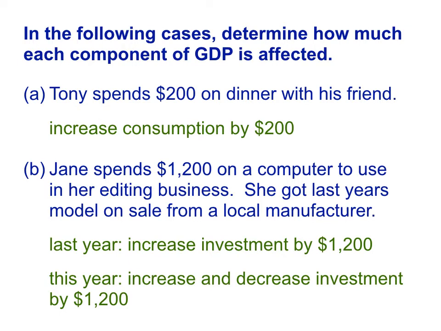That is, they are getting rid of inventory. Last year, their inventory was up by $1,200 because they have this computer basically at their store. And this year, their inventory is going down by $1,200 because that computer is now being sold. Notice that with this mathematical operation, we have an increase of $1,200, a decrease of $1,200, meaning that the GDP change for this year is zero, as we would expect because this computer was not produced this year. It has already counted as last year's GDP.